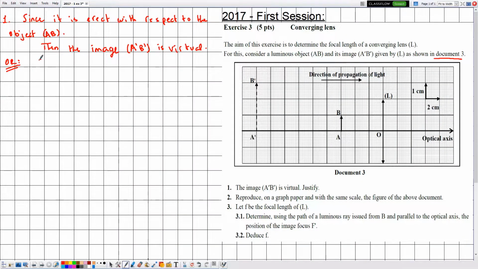Then let's say that since the object AB and the image A prime B prime are on the same side, then the image A prime B prime is virtual.